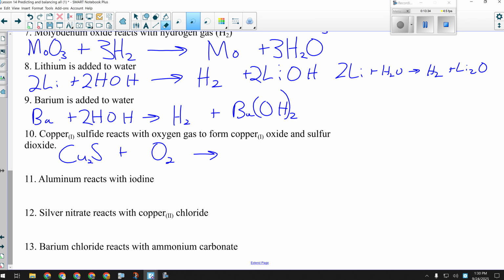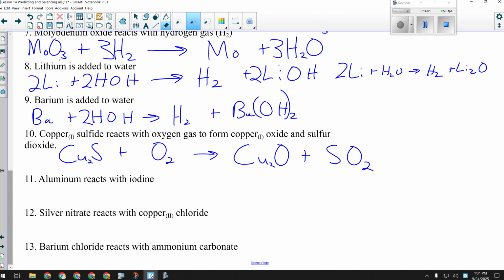And it's going to form copper 1 oxide, so +1 -2, so we're looking at Cu2O, and sulfur dioxide. So it doesn't really fit with any of the types we've gone over. It's more here as a trickier balance, and just more of a balancing exercise.